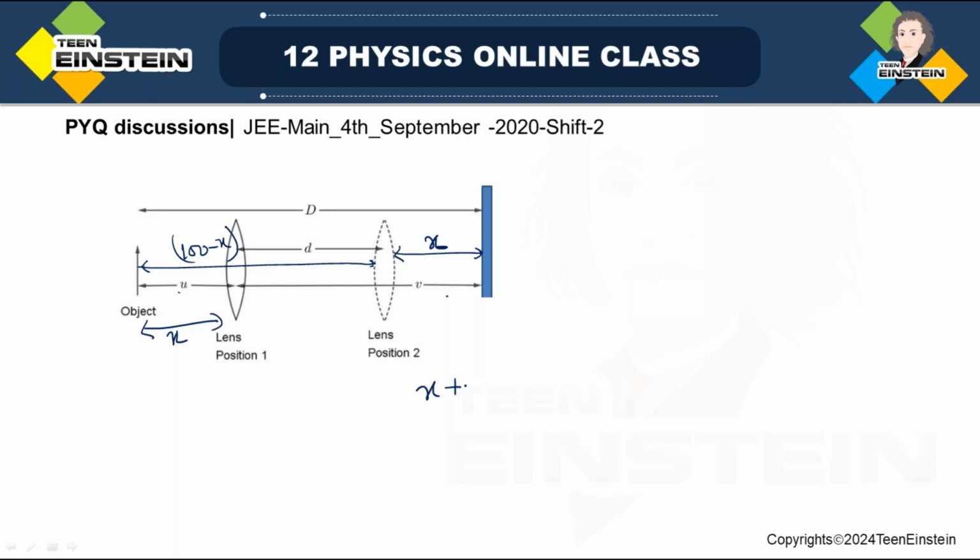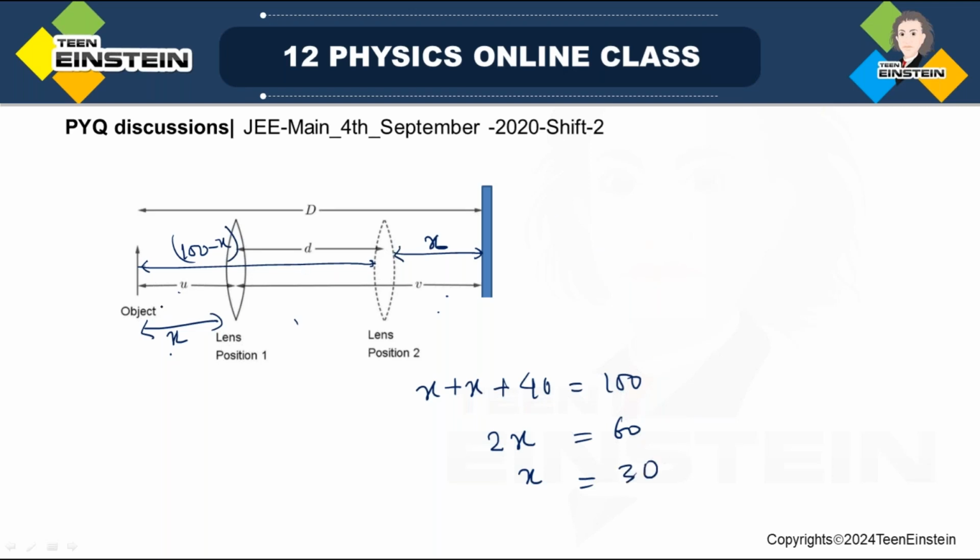One more time, if the object distance for the first lens is x, then the image distance from the second lens will be x. That is what we have shown you, okay. So finally x plus 40 is 100, so 2x is equal to 60. So what is x then? X is equal to 30.